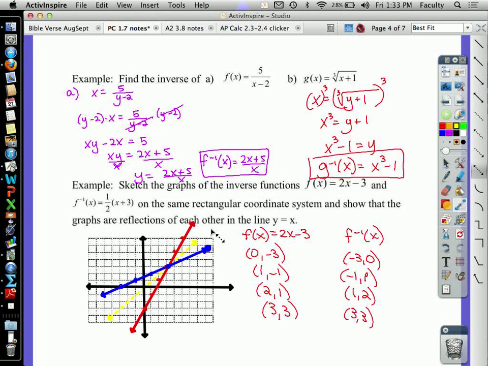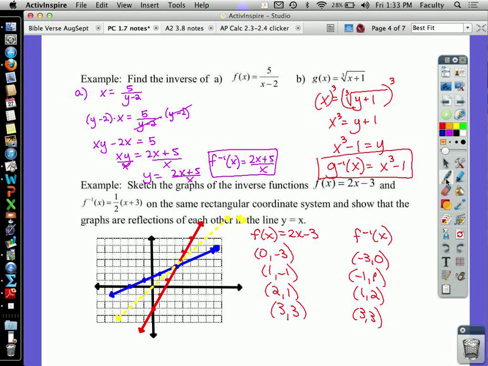And remember, the line y equals x is like 0, 0, 1, 1, 2, 2, 3, 3, 4, 4, and so on. Another way to look at an inverse is graphically. Graphically, if you reflect your graph across the line y equals x, that will produce the inverse for you, okay?